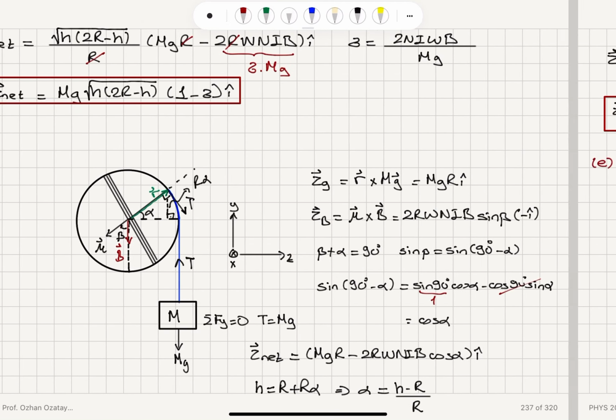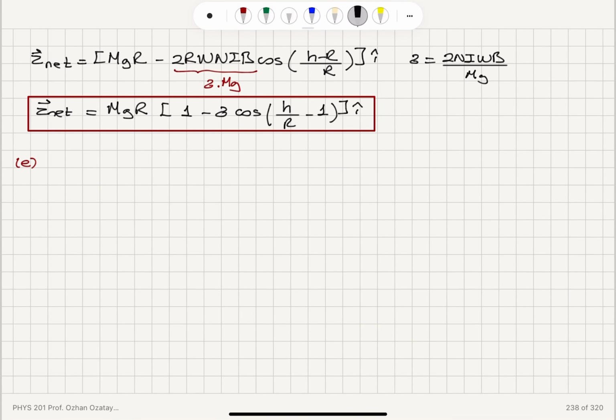All right, so we're going to make sure that the potential energy is defined to be 0 when H is equal to 0, and we want to know the potential energy for H between 0 and R. Now the potential energy basically has a contribution from the magnetic field, which is minus mu dot product with the magnetic field.